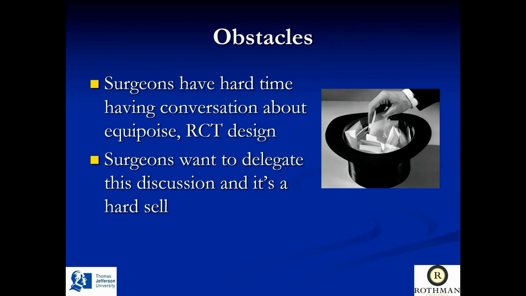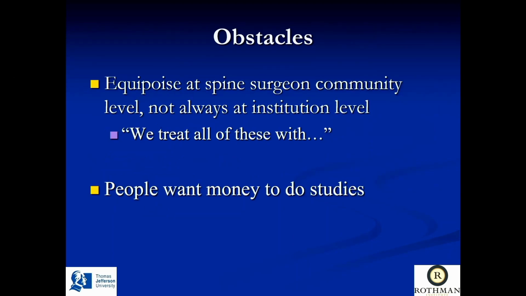Next slide. I think that there is very, very clearly equipoise regarding the treatment of type 2 odontoid fractures in the spine surgeon community, meaning the whole, everybody at CSRS level. But this isn't always the case at institutional levels. And that was one thing that I think was hard to stomach for a lot of places, coming from a site where they usually put these people in a collar and 1/10 of them or 1/20 of them actually get an operation.